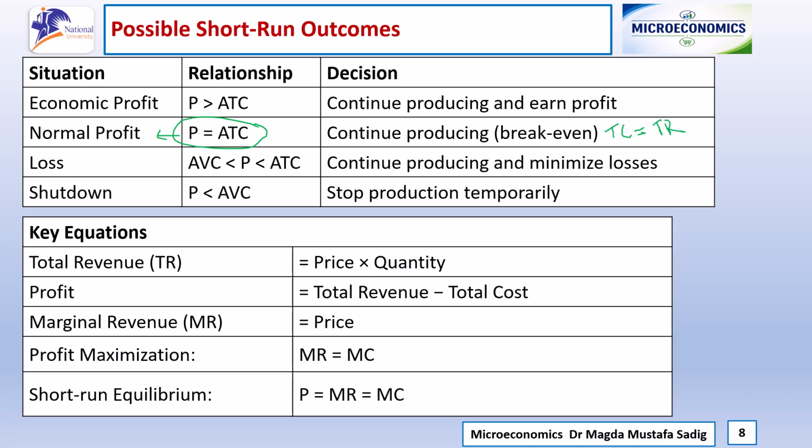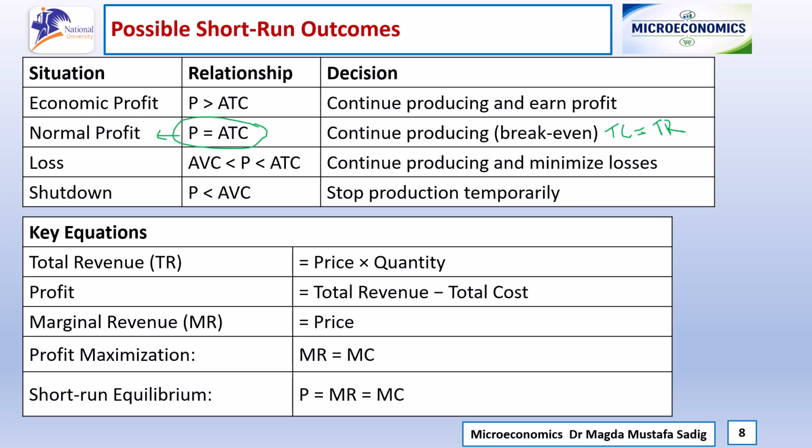If the average variable cost is less than price, which is less than average total cost, there is loss, but the firm has to continue producing to minimize the losses. But if the price is less than average variable cost, the firm has to shut down, stop production temporarily.